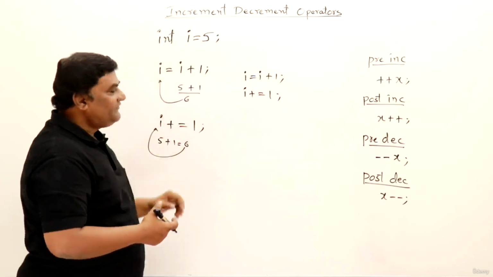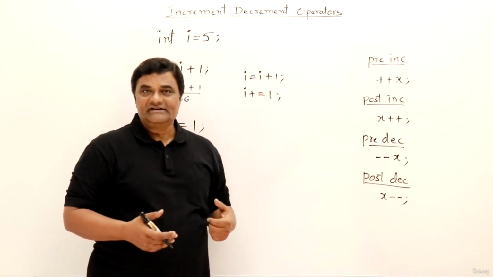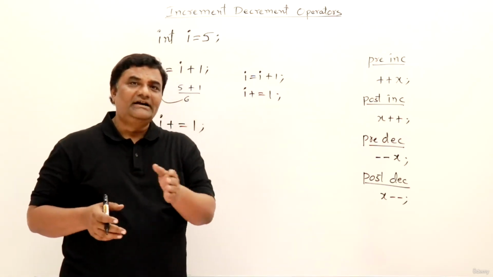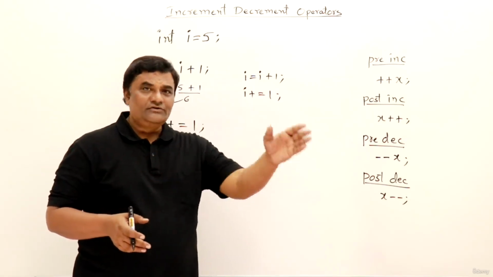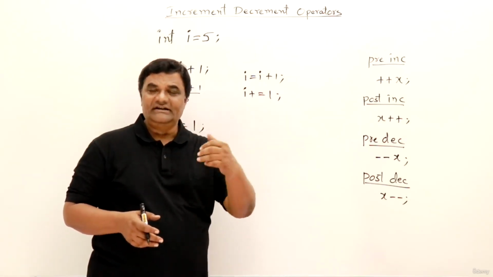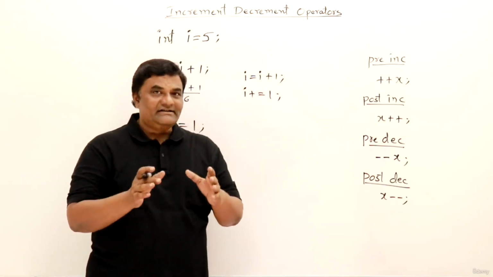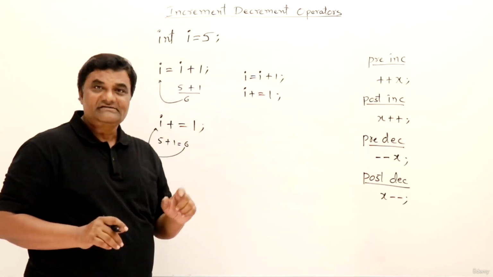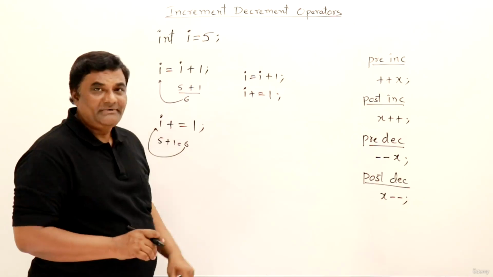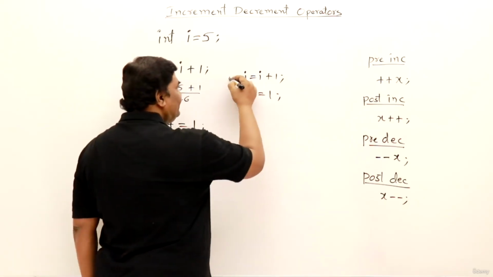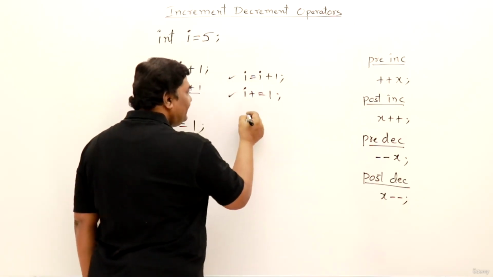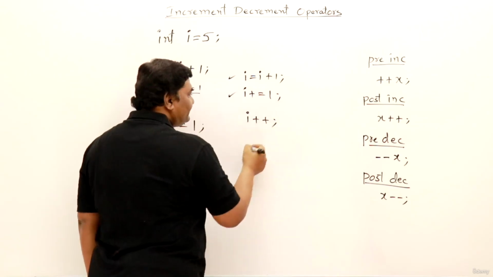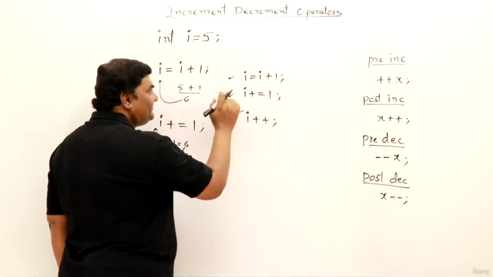So right now I is 5, then plus 1 it becomes 6. So if you want to count from the beginning, you can start I from 0 onward. 0, then 1, then 2, then 3 and 4, and so on. So as I said, this counting is more common in programming. That is the reason C++ has introduced increment operator. So instead of writing it like this or this, we can write I plus plus. This also means the same thing.